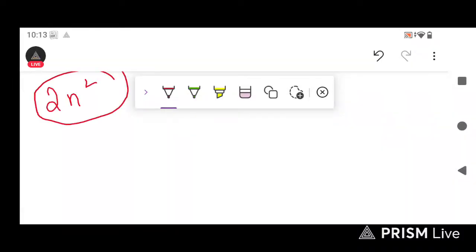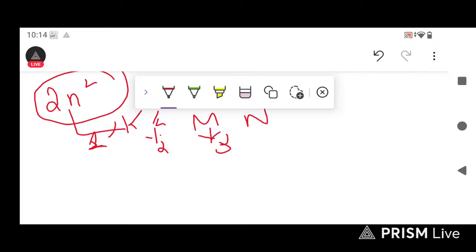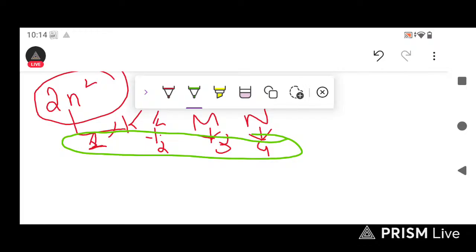This is the formula by which we know the number of electrons present in the K, L, M, and N shell. The value of n for K is 1, for L is 2, for M is 3, for N is 4. So we put all these values in the formula 2n square.